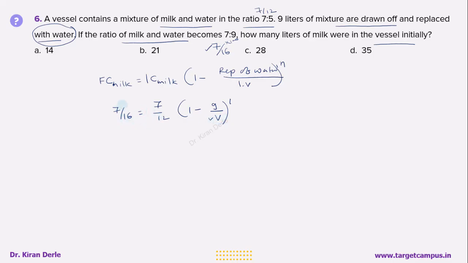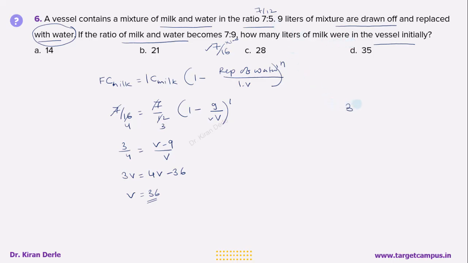So 7 will go out, 3/4 is equal to v into (1 minus 9 by v), or 3v is equal to 4v minus 36, or v is equal to 36. V is the initial volume. What we want is how many liters of milk were there in the vessel initially?